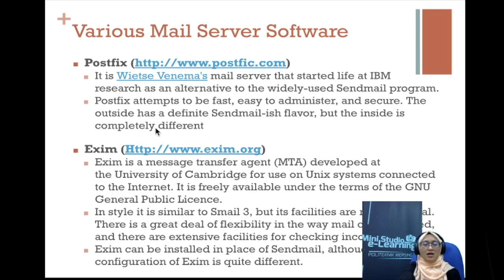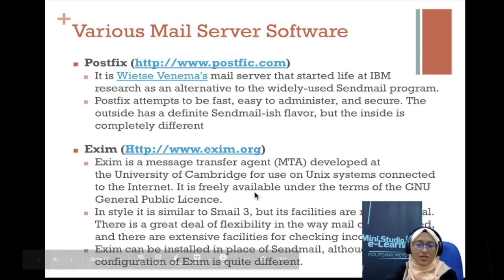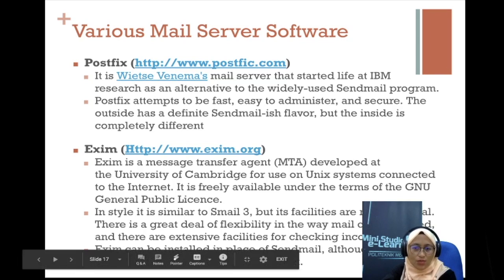Exim is a message transfer agent, MTA, developed at the University of Cambridge for use on Unix systems connected to the internet. It is freely available under the terms of the GNU General Public License. In style, it is similar to Smail 3, but it is more general.